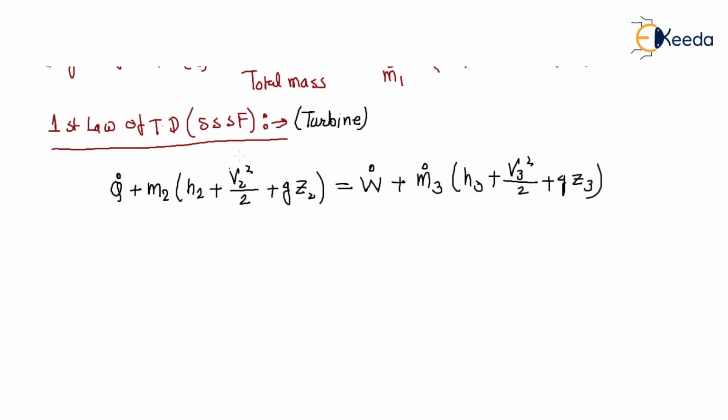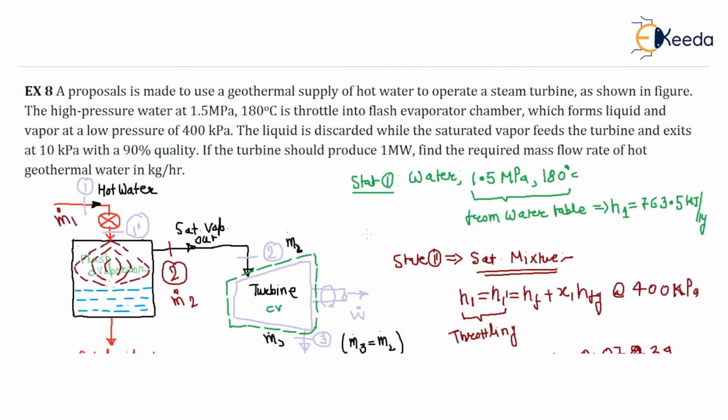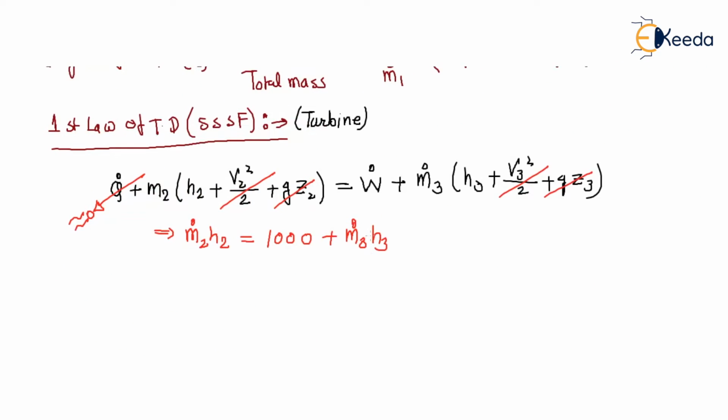Here there is negligible heat transfer through the turbine, so Q is 0. The change in kinetic and potential energy is 0. So m2 dot h2 is equal to work output plus m3 dot h3, where the work produced is 1 megawatt, so 1000 kilowatt.